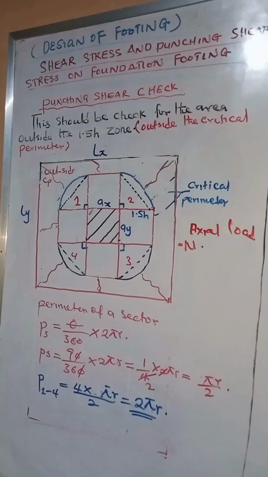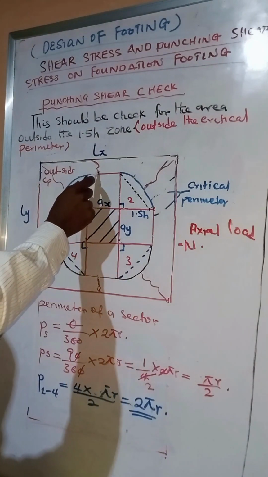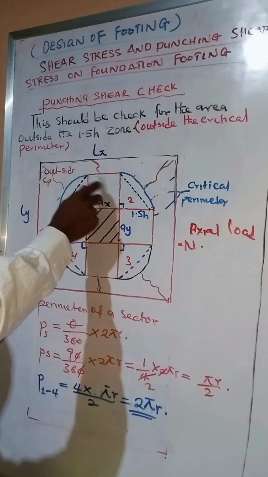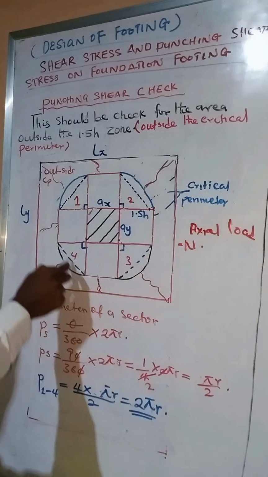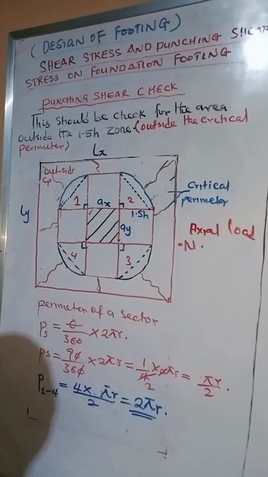Now, in this case, we do not know what H stands for, but we know that H represents our thickness of footing. Now, let's look at how we can obtain the punching shear stress for this particular footing. Looking at the board carefully, you can see that the area of failure of this concrete footing is outside this perimeter, which is what we call the critical perimeter.